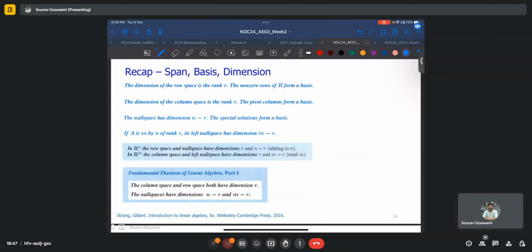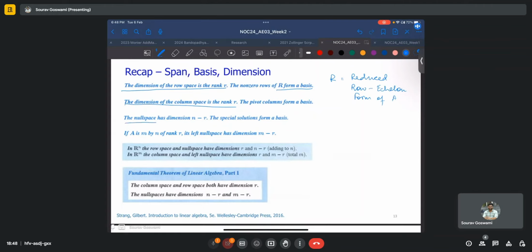The dimension of the row space is the rank r, and the non-zero rows of R form the basis. R is the reduced row echelon form of any given matrix A. The dimension of the column space is the rank r, and the pivot columns form a basis.